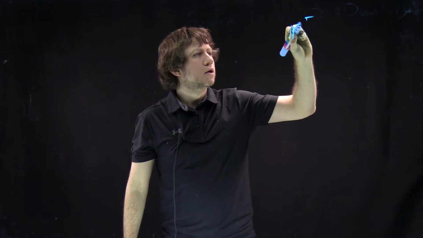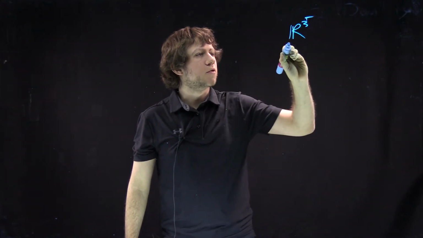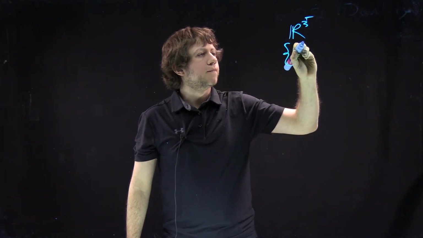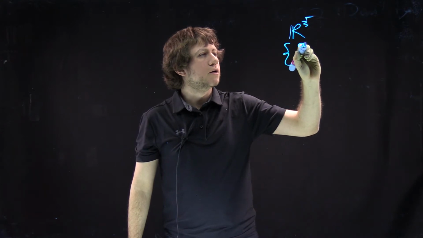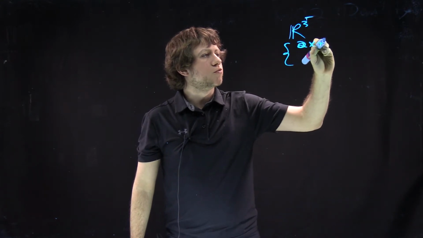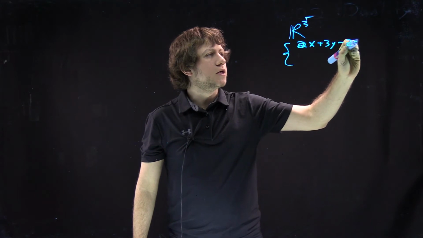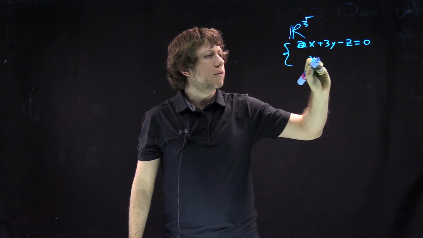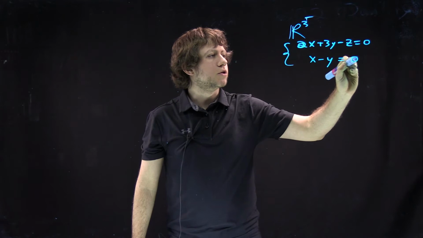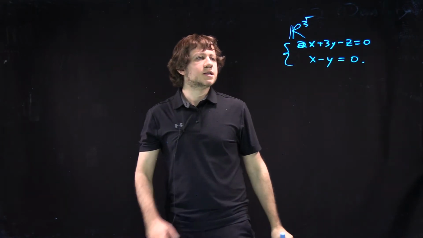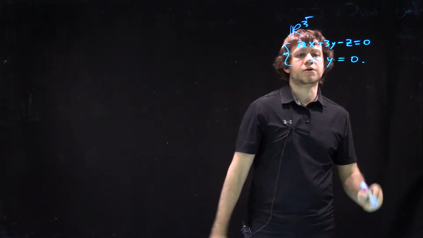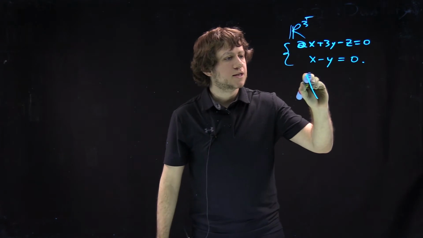Let's take R^3, for instance, and let's look at a system of equations, say, I don't know, 2x plus 3y minus z equal to 0, and x minus y equal to 0, or something like that.